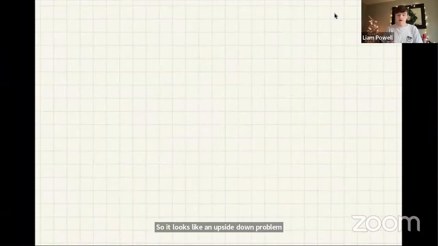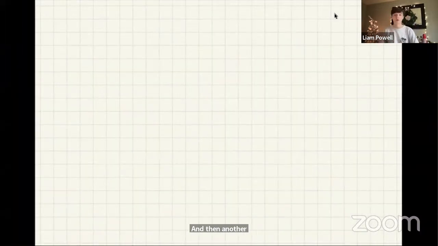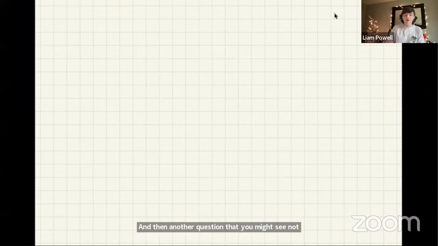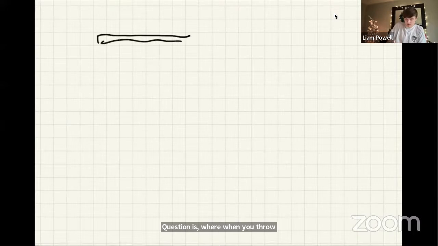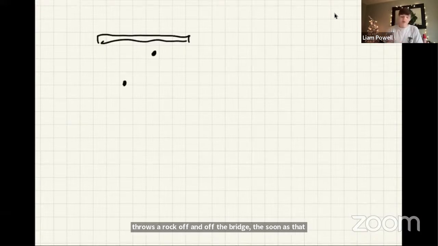And then another question that you might see, a misconception question, is where a child throws a rock off a bridge, and a couple seconds before, he throws another rock off the same exact bridge. The mass doesn't matter because the force due to gravity is the same, and we're ignoring air resistance. So this one has a larger speed because it's already had a longer time falling, and this one has a smaller speed.